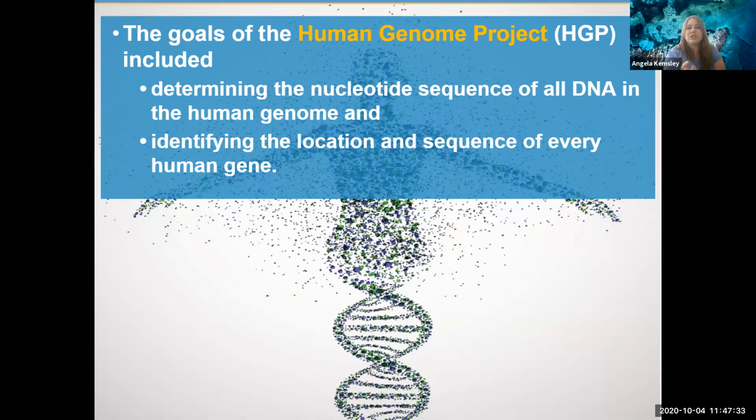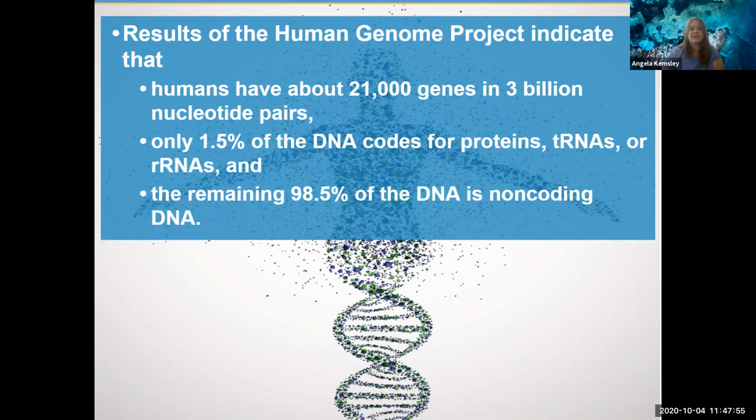So the goal of the Human Genome Project, trying to examine the entire human genome, was to determine the nucleotide sequence of all DNA in the human genome and identify the location and sequence of every human gene. Imagine if we do that, and we do now because we did finish this project.